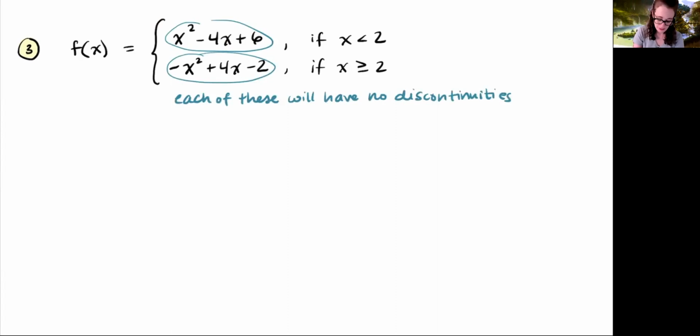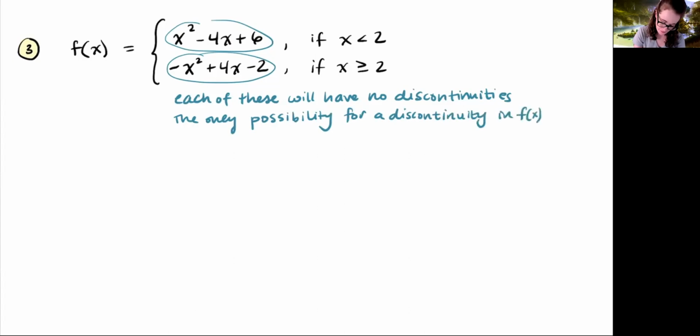The only possibility for a discontinuity in f of x in the whole function is where the function switches at x equals positive 2. So that's really the place that we need to focus on.